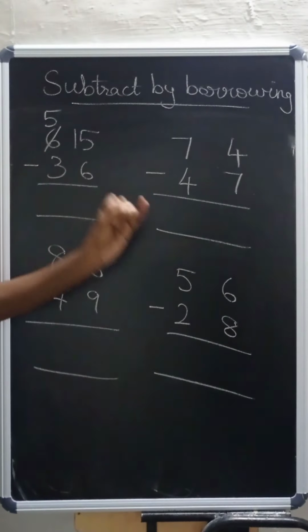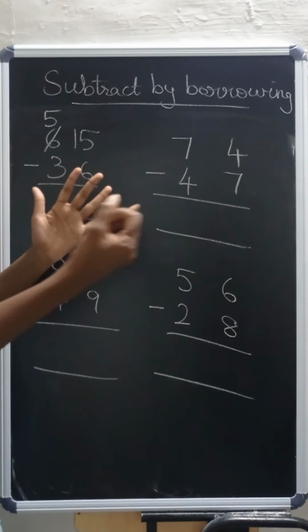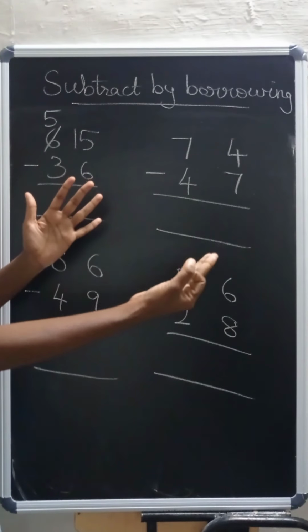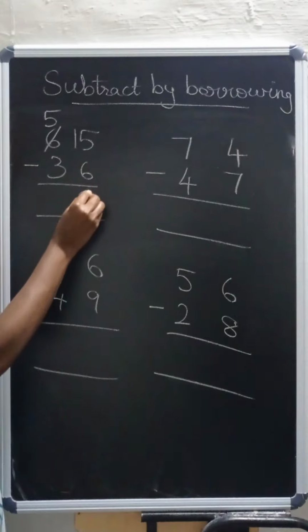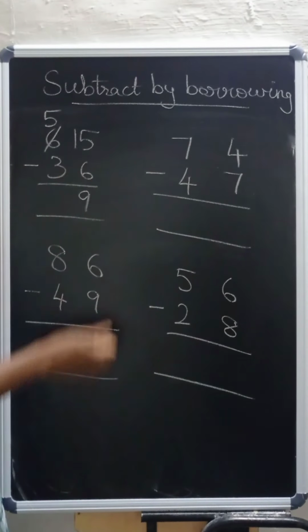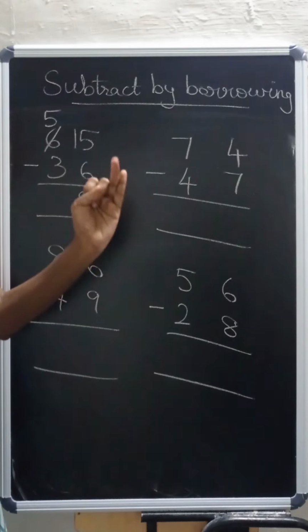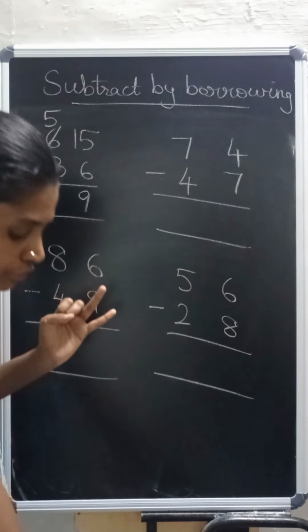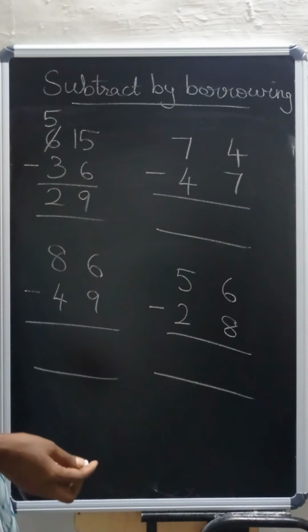After 6, 7, 8, 9, 10, 11, 12, 13, 14, 15. So 9. Write 9 here. 5 minus 3. After 3, count till 5. After 3, 4, 5. So 2 fingers. Put 2. So 29 is your answer.